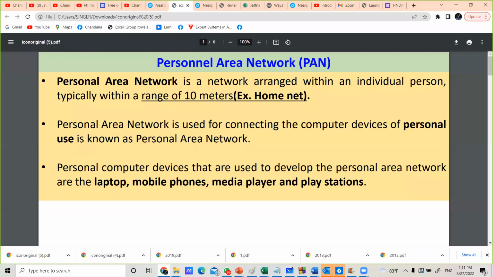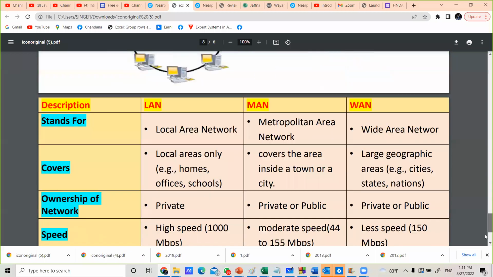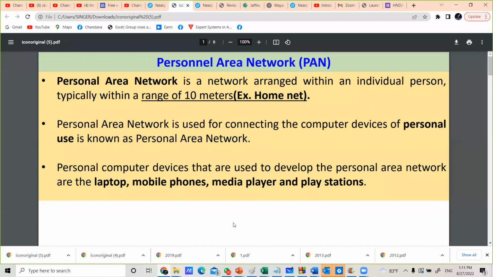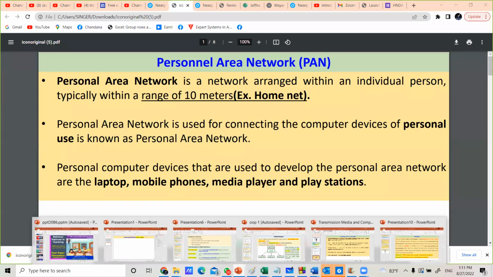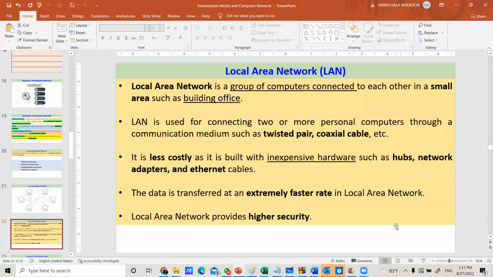A local area network is a small type of network only for a limited geographical area. It spreads only over a limited geographical area. Only a limited number of computers can be assigned. These kinds of features are available with the local area network, right?